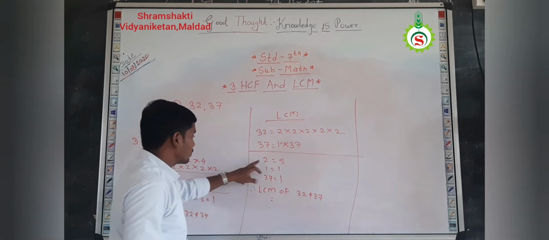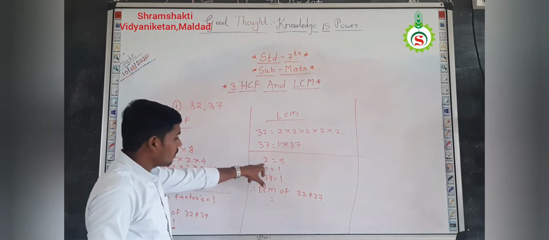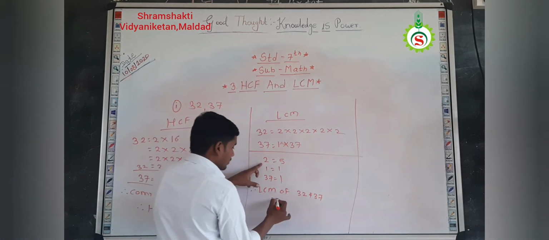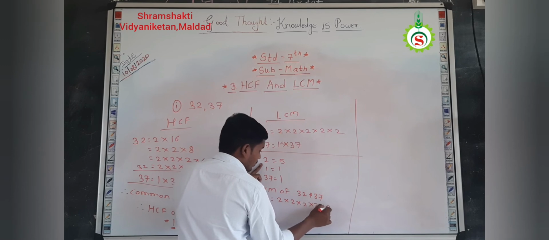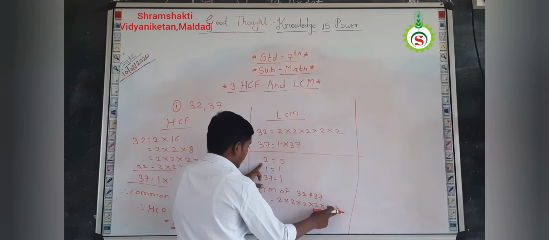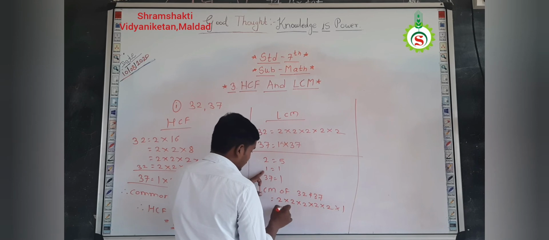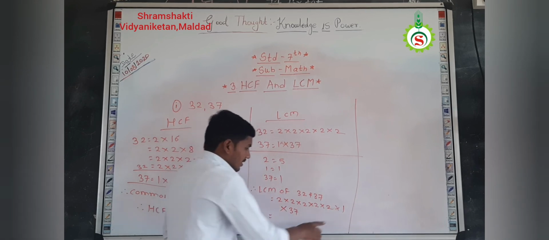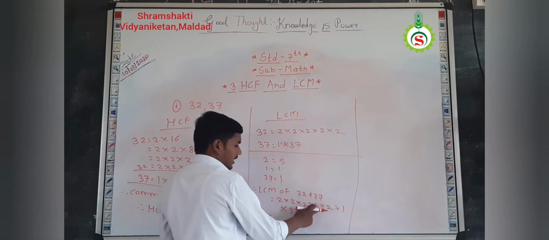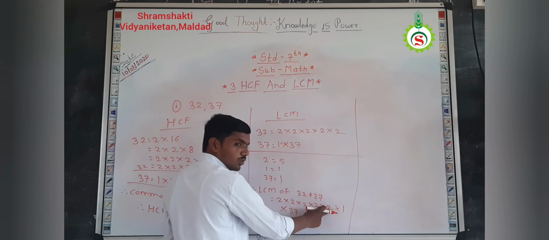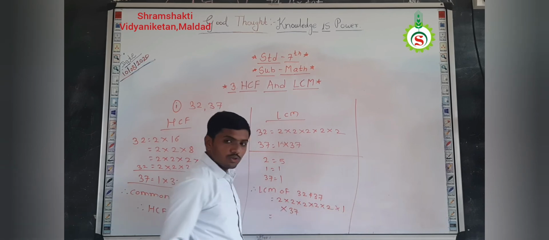Okay. So to find the LCM of 32 and 37, what do I have to do? I have to take the multiplication of all the factors. So 2 occurs how many times? 5 times. So 2 into 2 into 2 into 2, 5 times. Then 1 occurs only one time and 37 occurs only one time. That means 2 into 2 is 4, 4 into 2 is 8, 8 into 2 is 16, 16 into 2 is 32, 32 into 1.